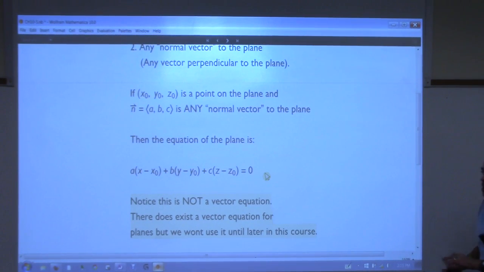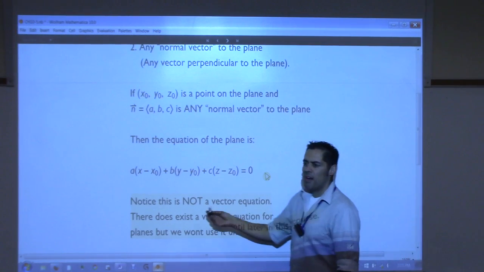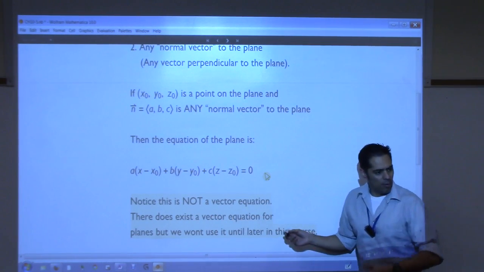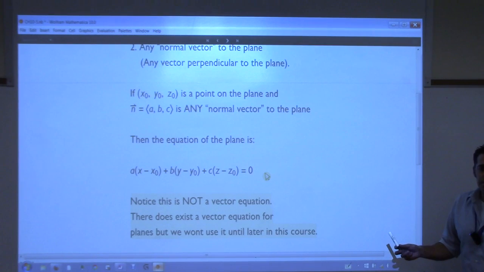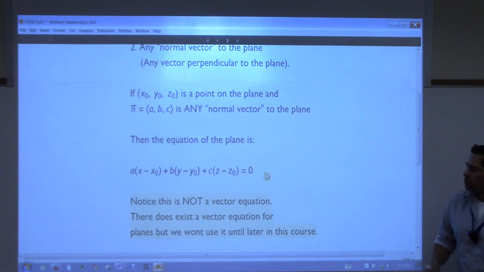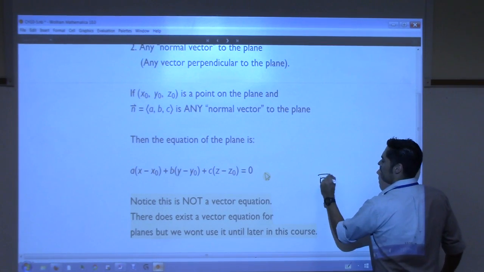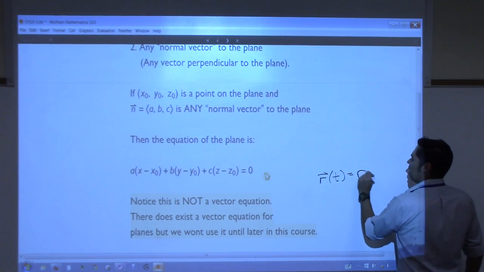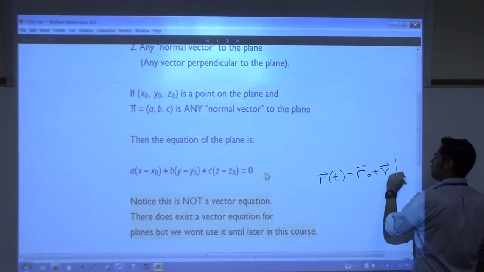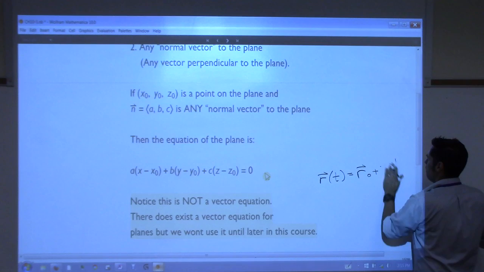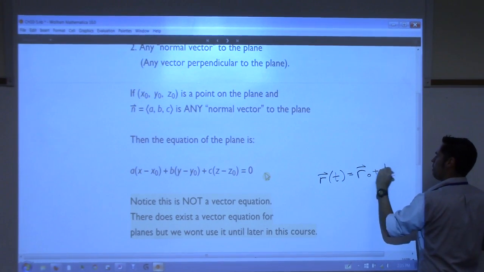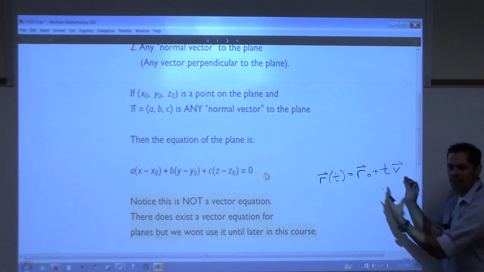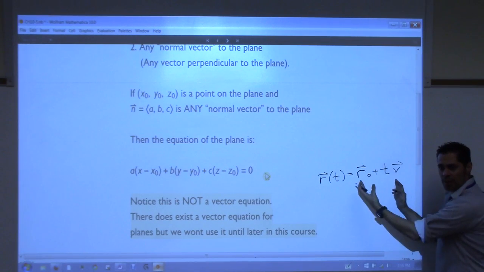What I do ask you to notice is that this is not a vector equation. Right? What we were just talking about with lines, we now have a new way of defining lines in 2 or 3-dimensional space, and it uses this very nice formula right here. But it is a vector equation. It's a vector formula. It involves vectors.